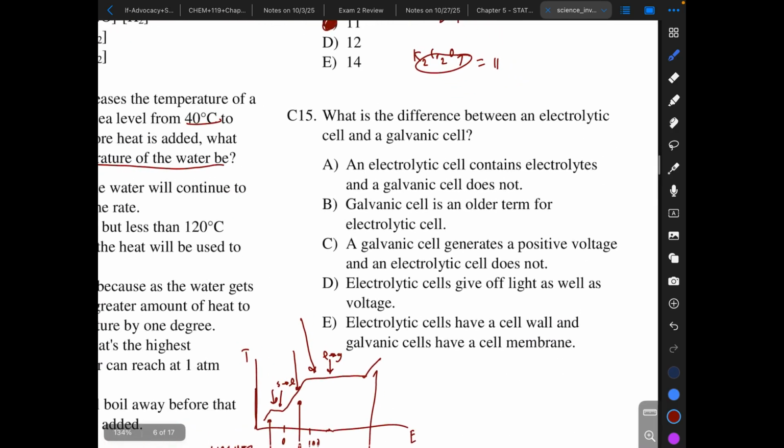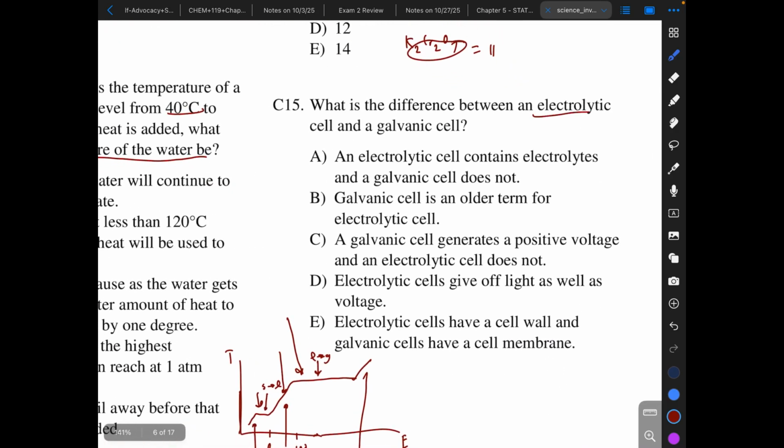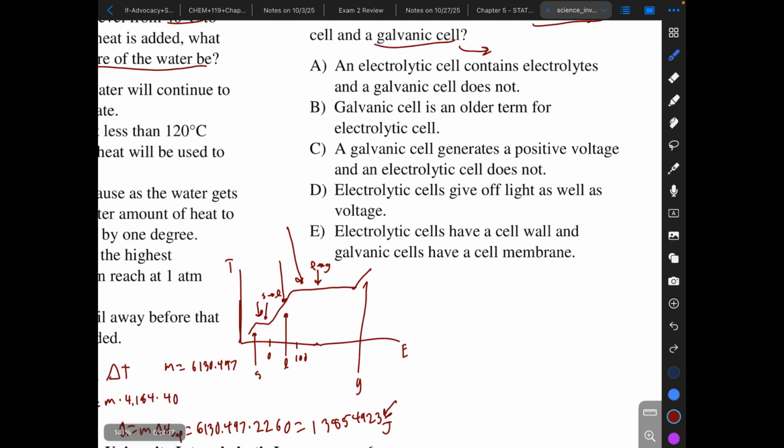For number 15, we're asked to find the difference between an electrolytic and a galvanic cell. A galvanic cell is basically a cell that, okay, wait, actually I'll draw it on the bottom. With two electrodes, such that the electrons will flow without any need for an external voltage, and there's a salt bridge between them.